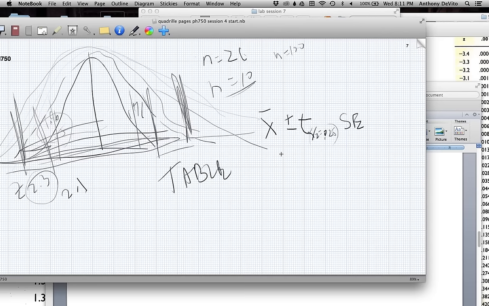So what's my T score? This time, because the sample size is only 26, it's 2.06 instead of 1.96, times my standard error.